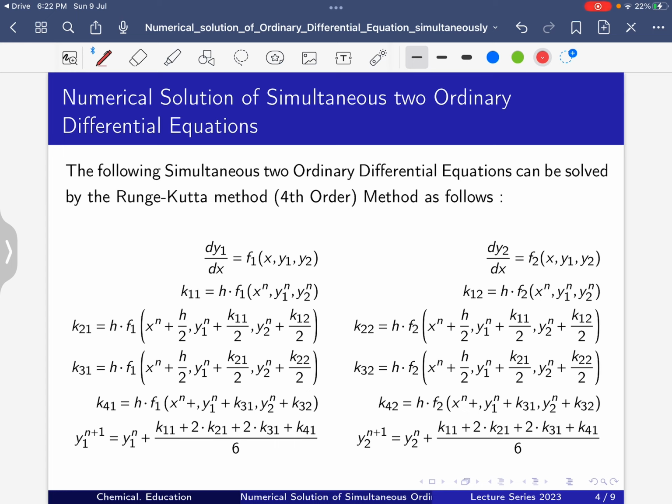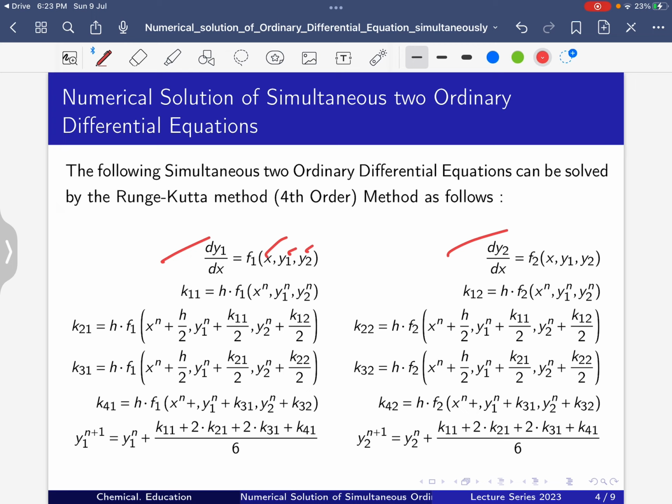So here the two ordinary differential equations are: one is dy1 by dx is equal to function 1 of x, y1, y2, where x is independent and y1, y2 are dependent, and on this side dy2 by dx is equal to f2 of x, y1, y2. Now both ODEs are functions of x, y1 and y2. We have to solve both ODEs simultaneously by using the RK4 method.